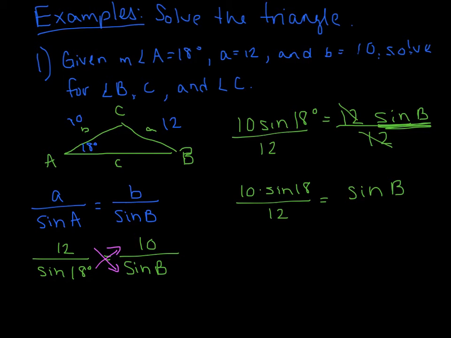And we remember from solving trig equations, the only way to get rid of sine is do the opposite operation, which is the sine inverse. So I'm going to do the sine inverse of this whole entire thing, 10 times the sine of 18 divided by 12. Because the sine inverse and sine are going to cancel, I'm just going to have B on that side. So now I want to type in this whole entire thing into my calculator to get what the value of B is equal to.